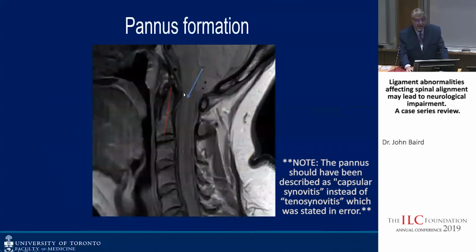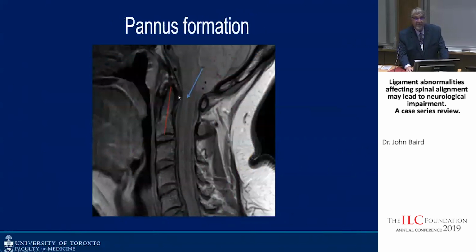In the case of a pannus here, we see this protrusion into the spinal canal where it's taking up space, and that would have been because of the long-term effect of atlas instability or transverse ligament laxity and the body's natural effort to reduce the movement. So in this particular case, in addition to having low cerebellar tonsils, this person is getting choked out on the other side with a pannus.